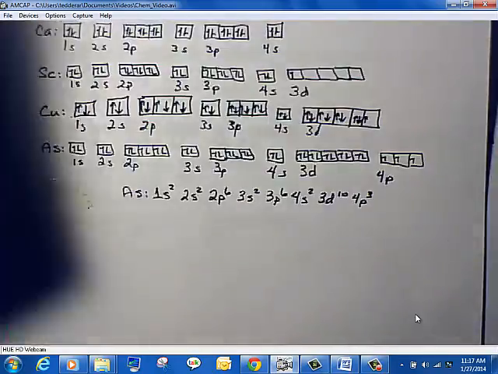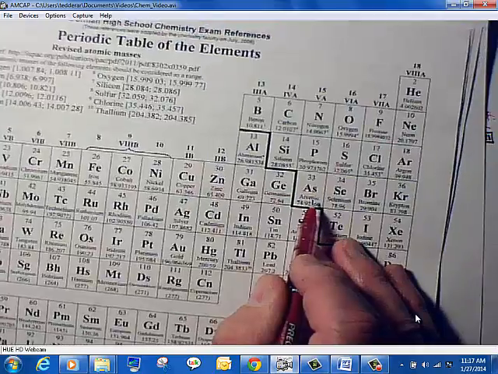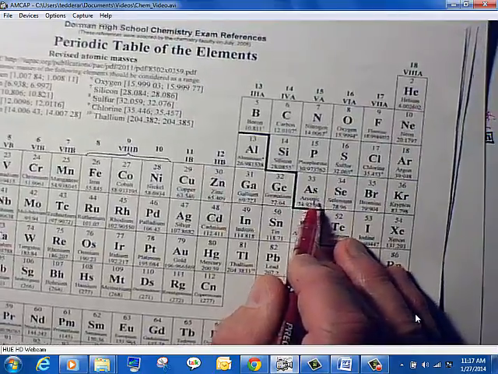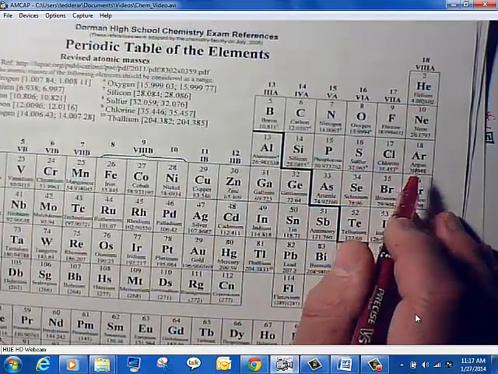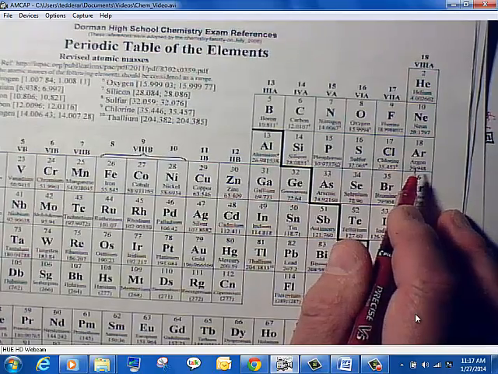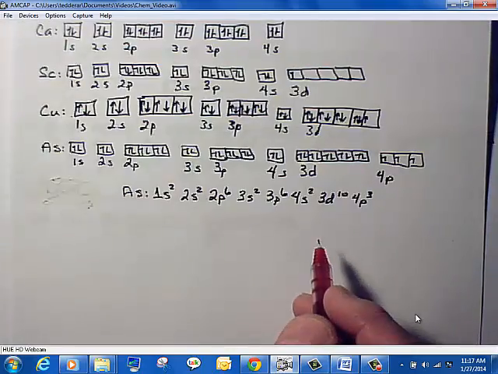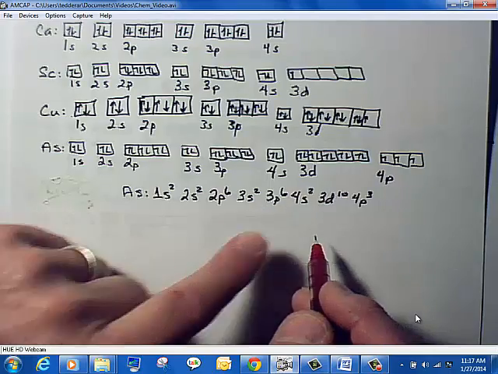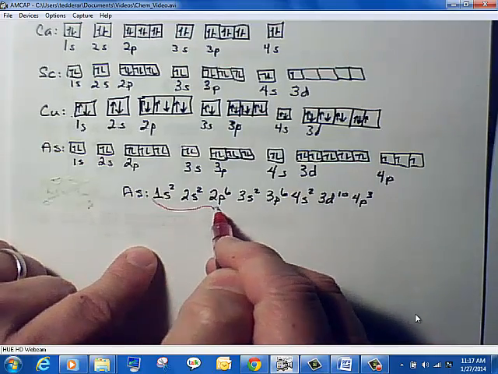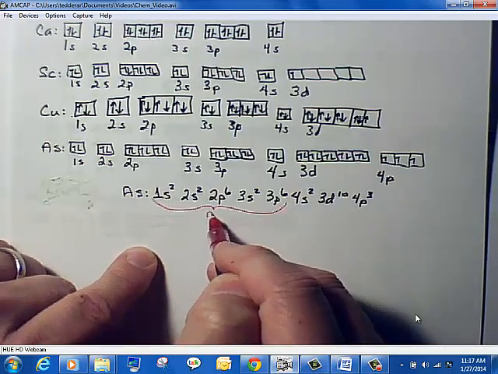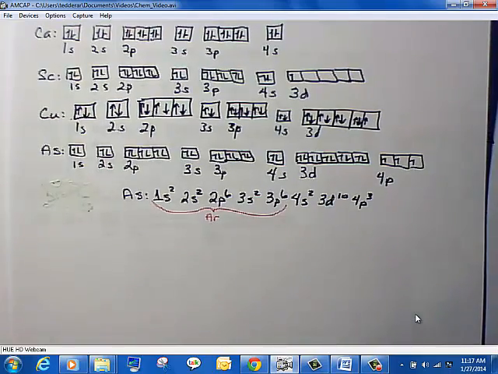So let's find arsenic here. Here's arsenic. That's number 33. And if I count backwards, I'll eventually come to argon. That's the next lowest noble gas. And argon stops at 3p6. So all of this right here is the orbital notation for argon.